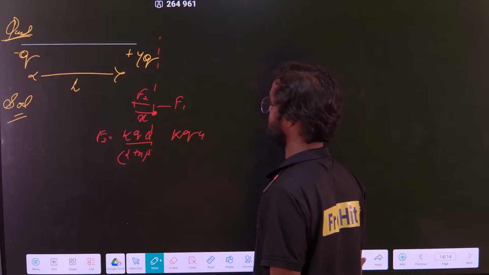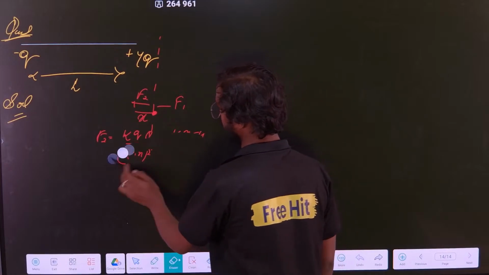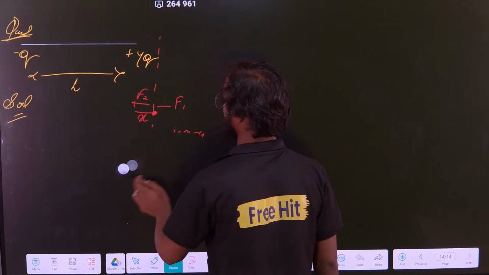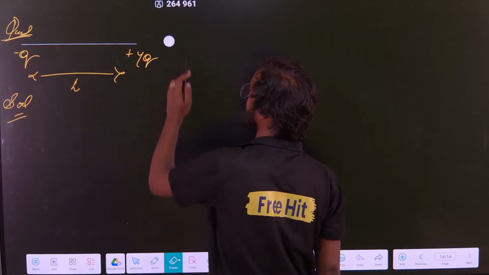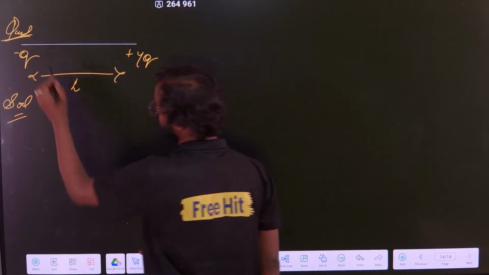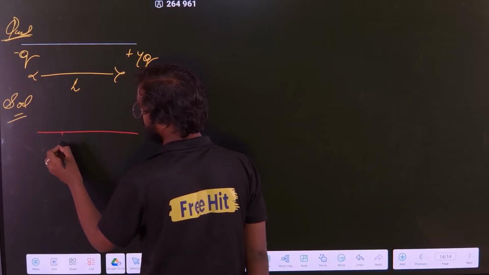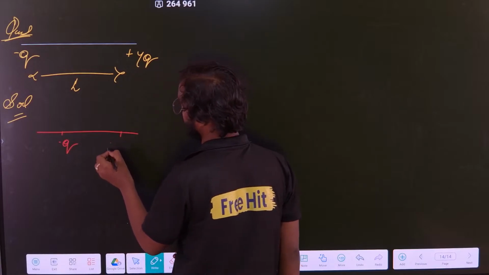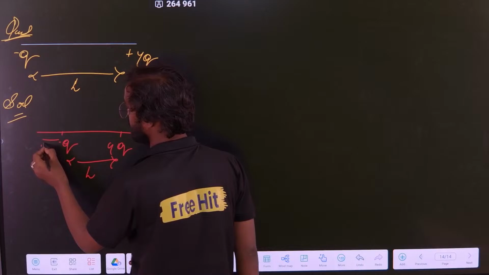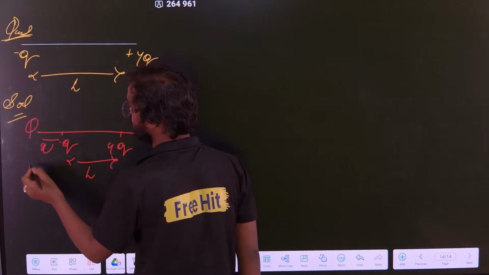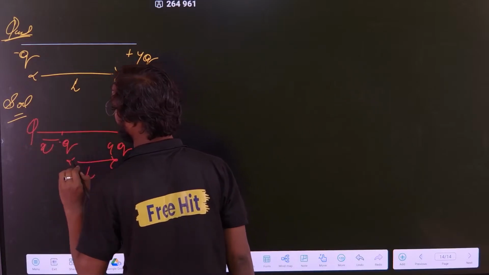Now the question arises, sir, okay, we can't place here, then can you tell me where we can place the charge? Yes, answer we can tell. We can place the charge on that side. Then only we can get the net force is equal to 0. So let us suppose we have placed, this is my minus Q, this is my 4Q, this distance is L, and suppose I place it at X distance, this is my capital Q, and I want the net force to be 0.